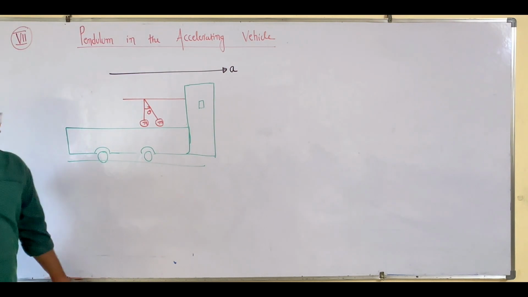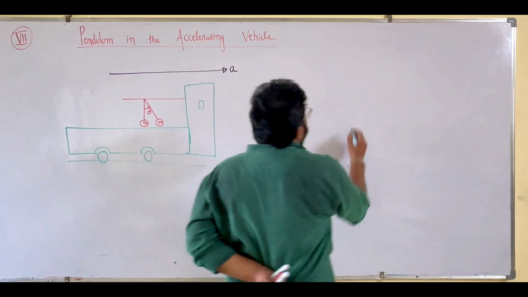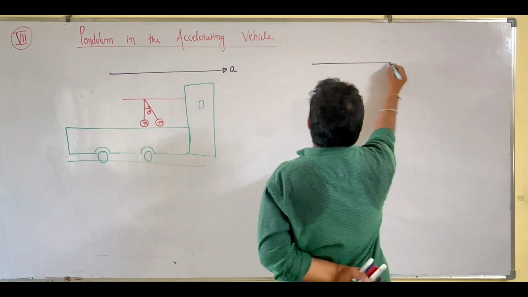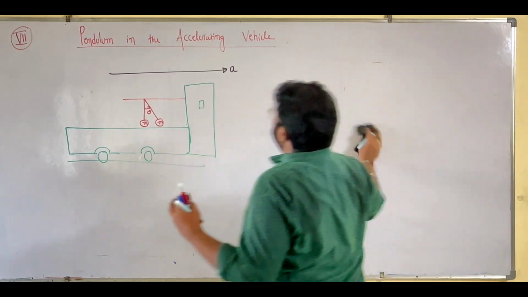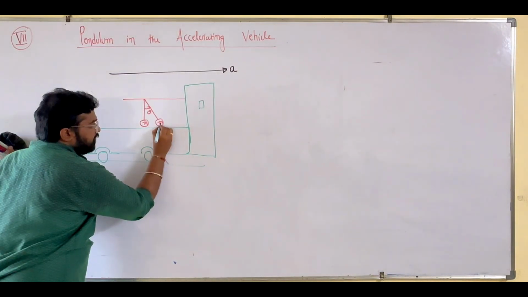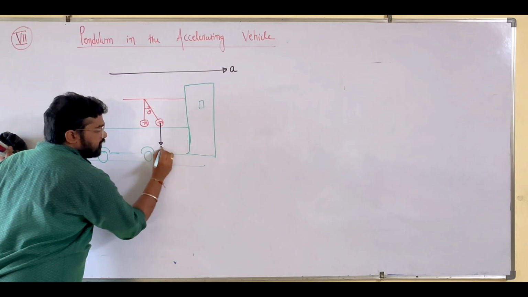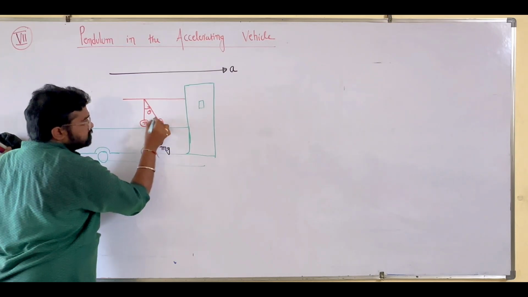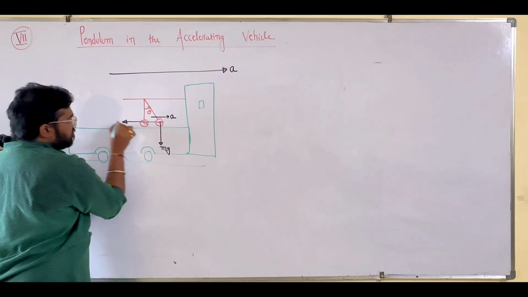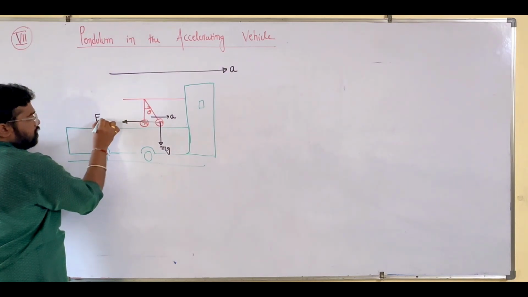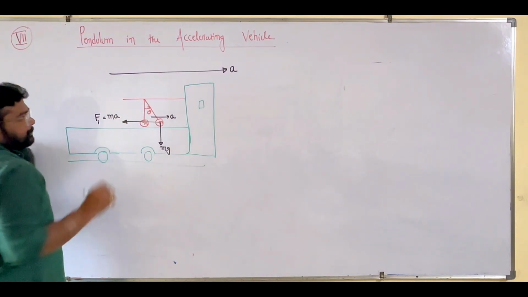Now tell me, what is the bob? Here, weight is acting vertically downward. So with acceleration along this direction, the inertia force will be acting opposite to this.